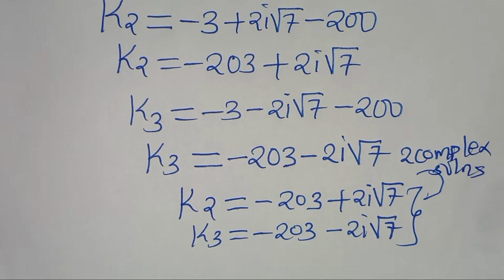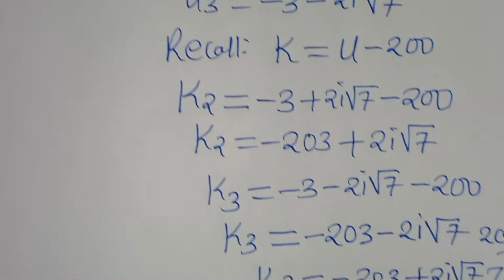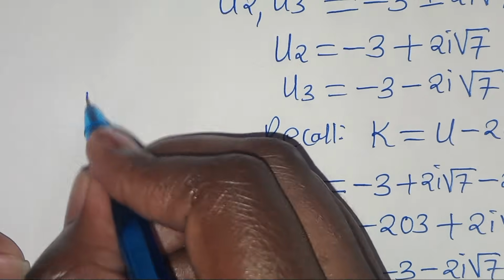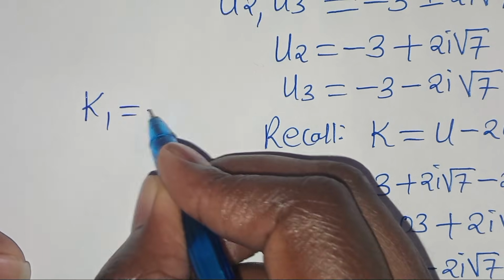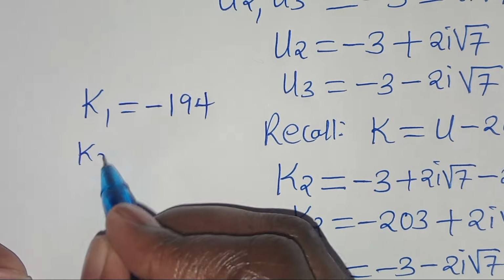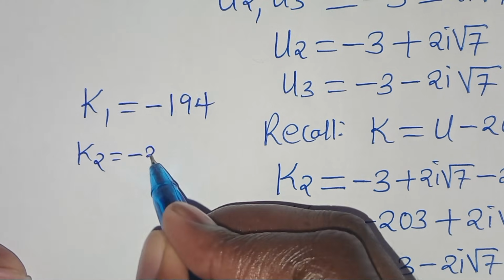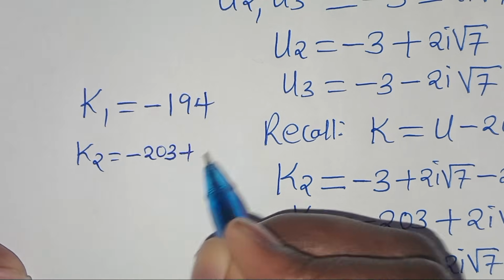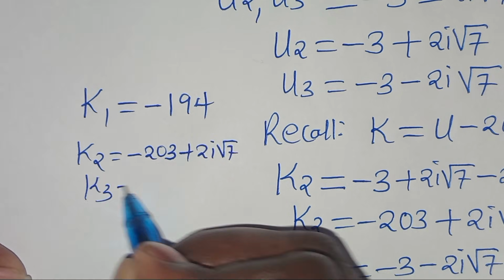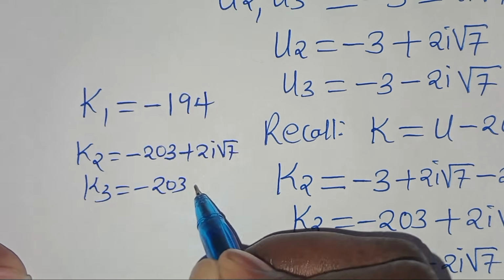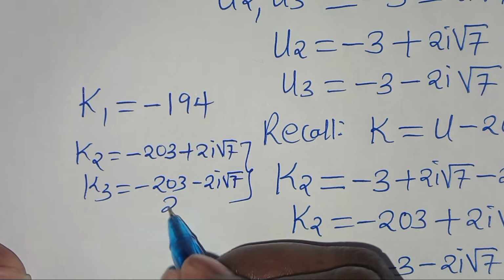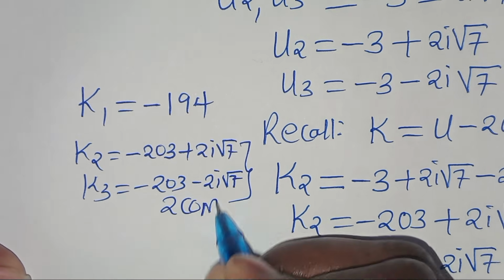So in total we have 3 solutions. We have one real solution, which is k1, equal to minus 194, then k2, which is minus 203 plus 2i square root of 7, and k3, which is minus 203 minus 2i square root of 7. These two are complex solutions.